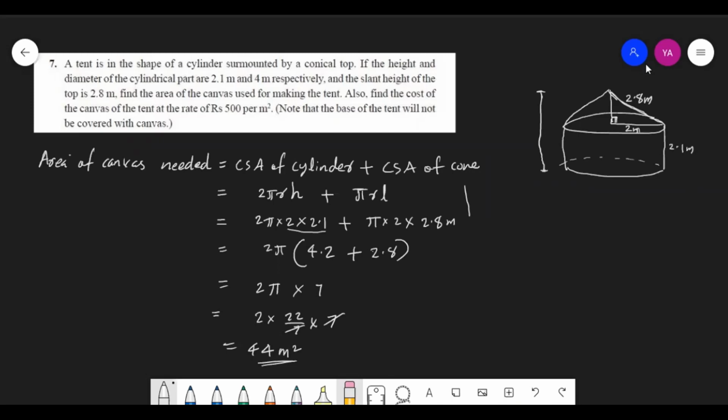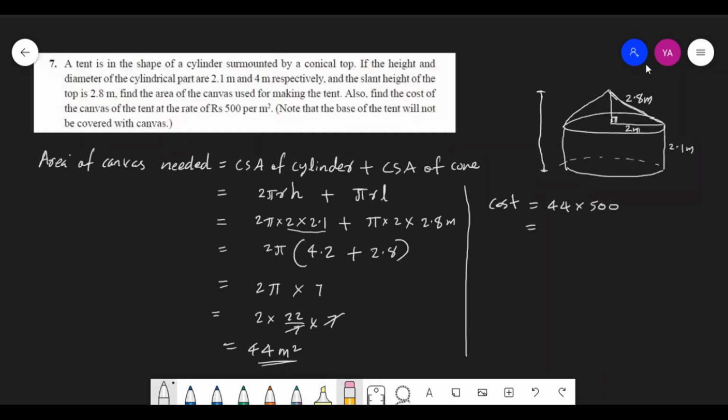So now we want to find the cost. Cost is equal to, given the rate, 500 per meter square. For each meter square, we want to pay 500 rupees. So for 44 meter square, what will be the total cost? 44 into 500. Can you multiply this?